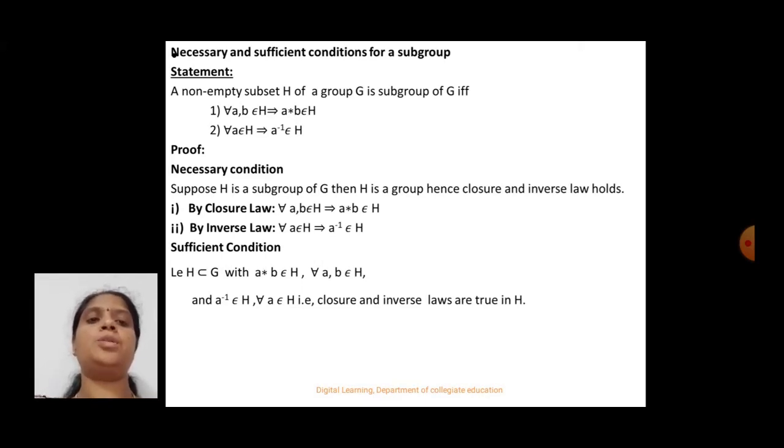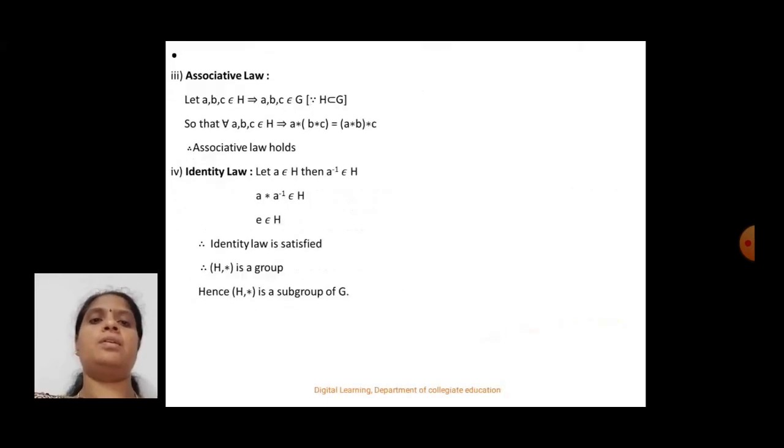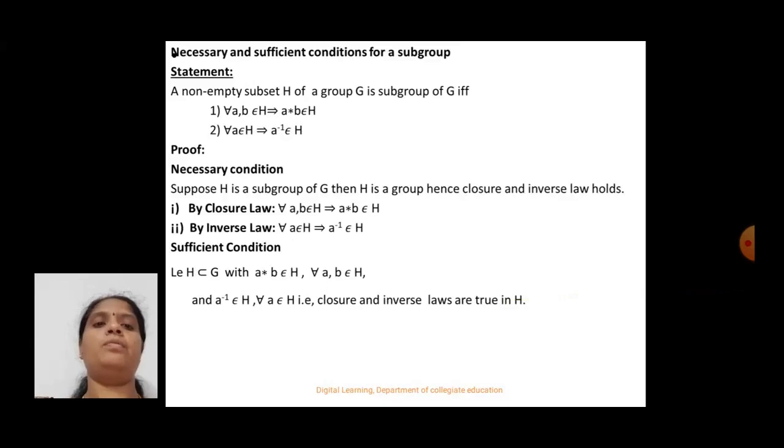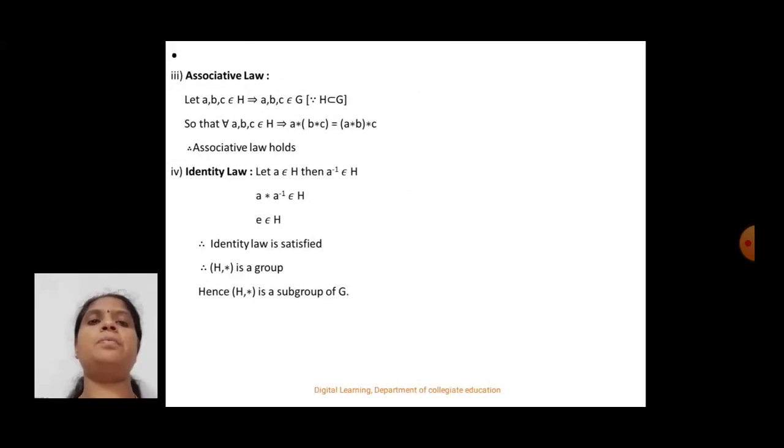So these two laws are satisfied under the sufficient condition, which is true in H. Next, the associative law. Two conditions, the closure law and the inverse law, are already proved. The other two conditions we are left with are the associative law and the identity law.